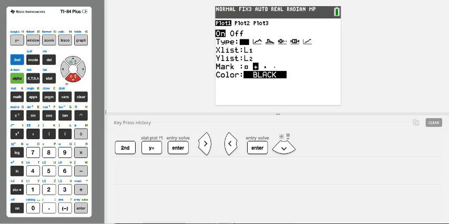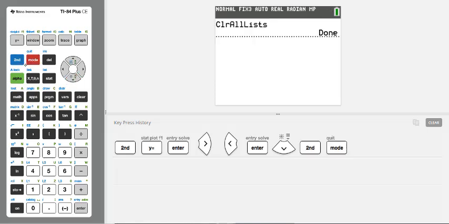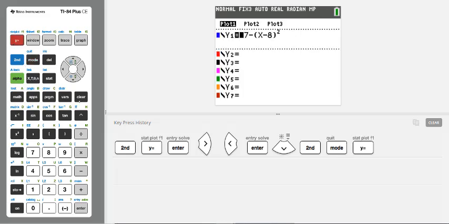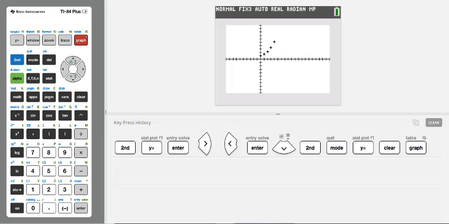All right, now okay, I got them on. So let me hop out. Let me make sure there's nothing in my Y1, because nothing can be in the equation. I'm going to hit graph. Okay, so it makes it look like that.